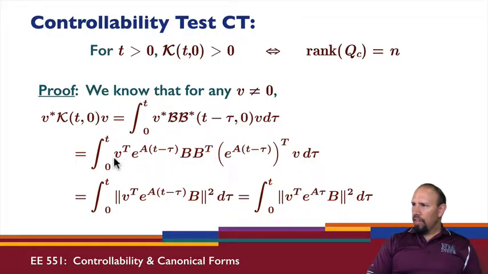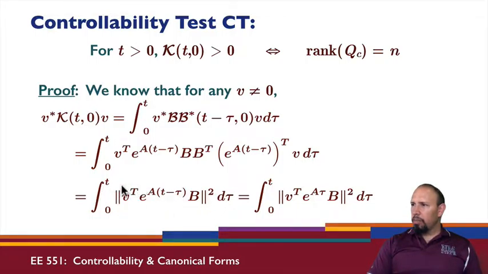If I look at this quantity and this quantity, this is the adjoint of this. And so I have this quantity times its adjoint, which I can show is the norm of this quantity squared. Now I integrate that from 0 to t.